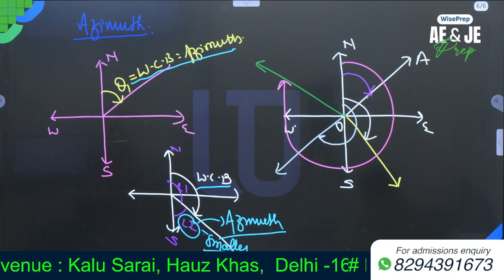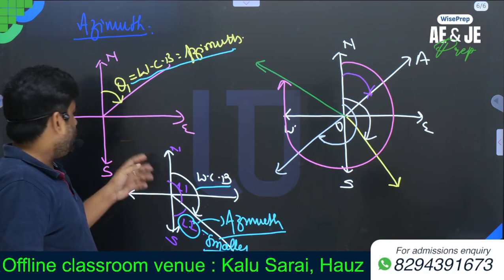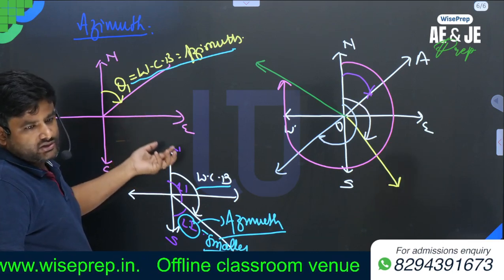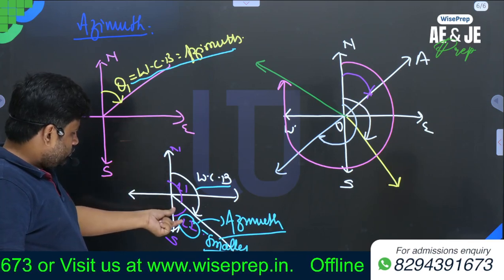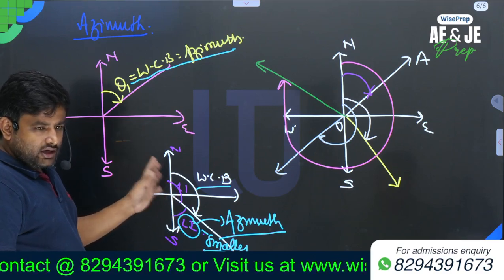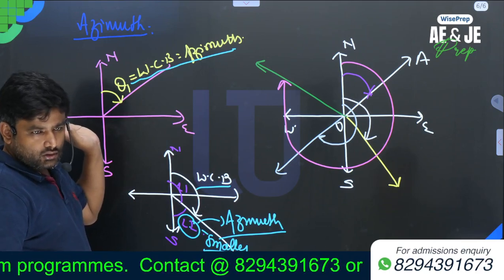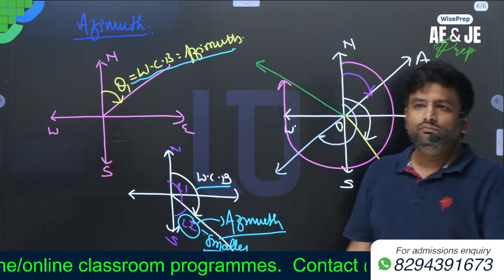But in Indian author books, what will you observe? That the whole circle bearing is considered as azimuth. Azimuth should be the lesser value of both. But when we study at AE and JE level, we'll consider the azimuth to be WCB from north only, not from south, from north only. All right.